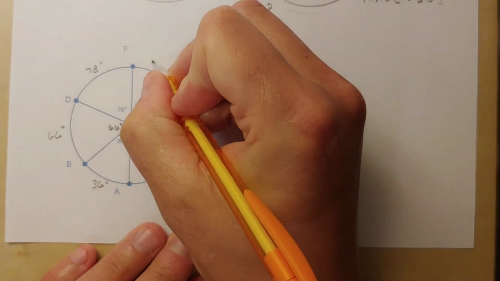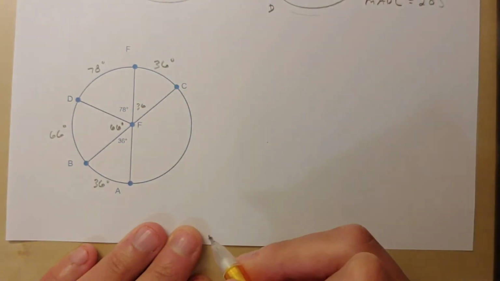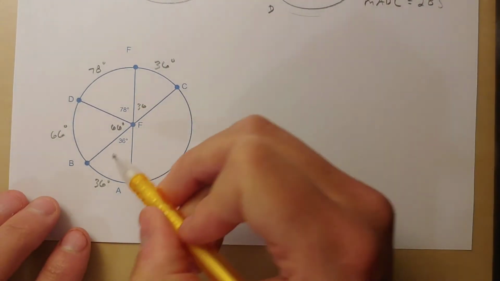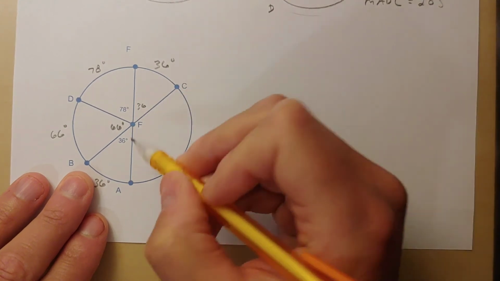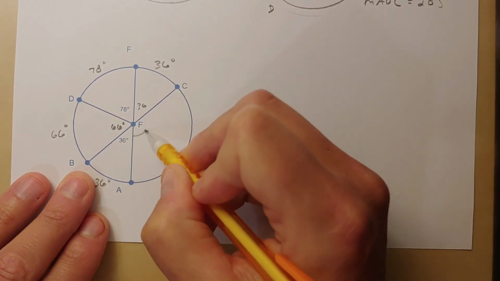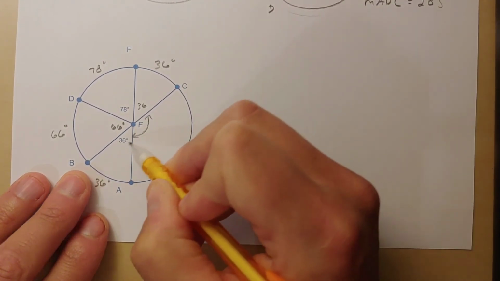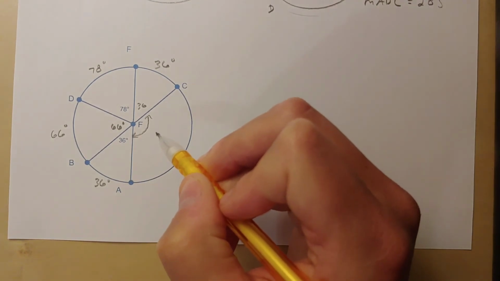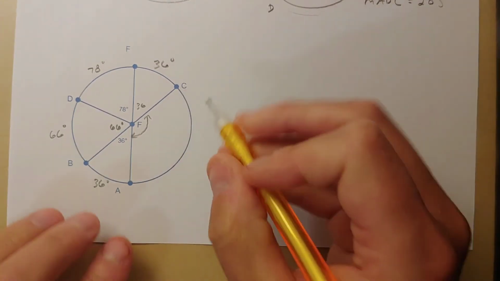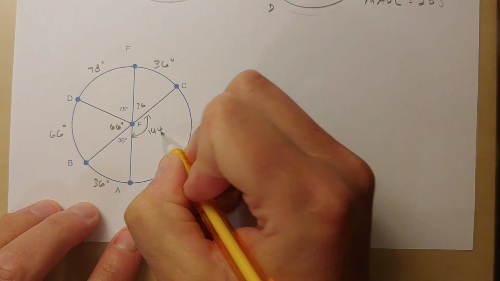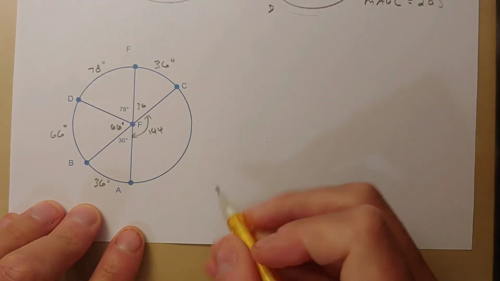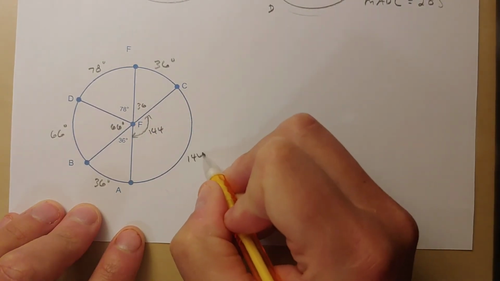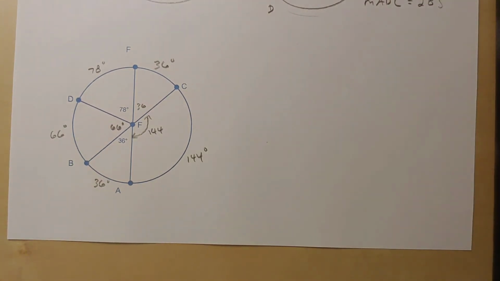So if that is 36, then this arc is 36. And again, if this whole thing is a diameter and this is 36, let's subtract 36 from 180 and we'll find the measure of that arc. So 180 minus 36 and we get 144. If this central angle is 144, then this arc that it intercepts is also 144.